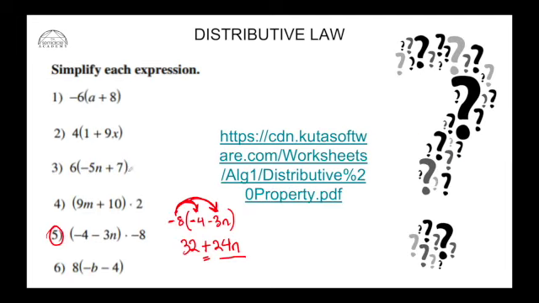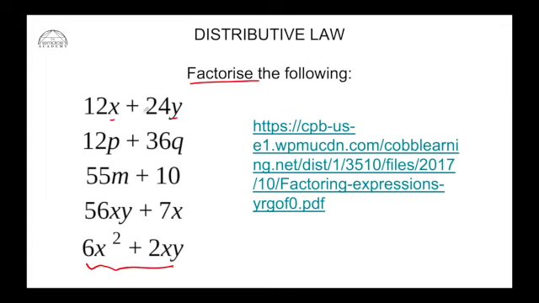Before, we had these brackets here, and we expanded the brackets to get -6a, and 6 8s are 48, so that's minus 48. So we took the brackets and expanded them in order to get one expression. Over here, we have one expression and we want to separate it into brackets.